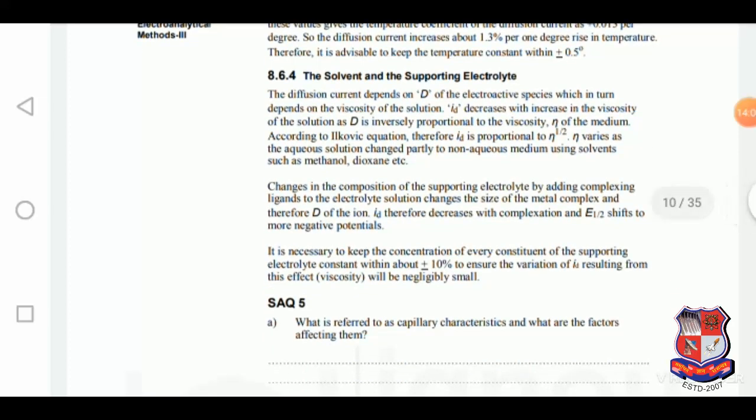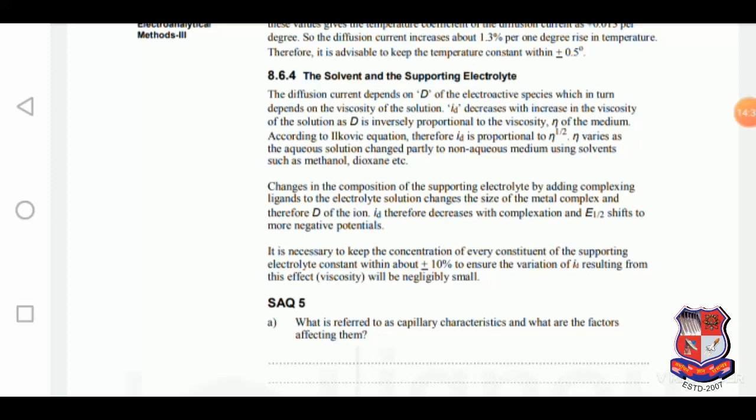Solvent and supporting electrolyte. The diffusion current depends on capital D of the electroactive species, which in turn depends on the viscosity of the solution. Here viscosity means how free flowing the liquid is. ID, that is diffusion current, decreases with increase in viscosity of the solution, as capital D is inversely proportional to the viscosity eta of the medium.